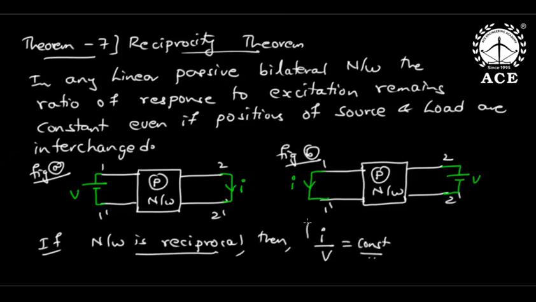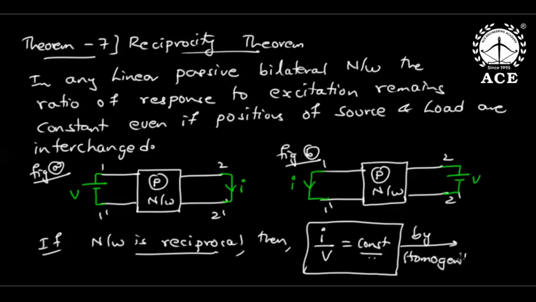Also by homogeneity and proportionality, I1 by V1 is I2 by V2.